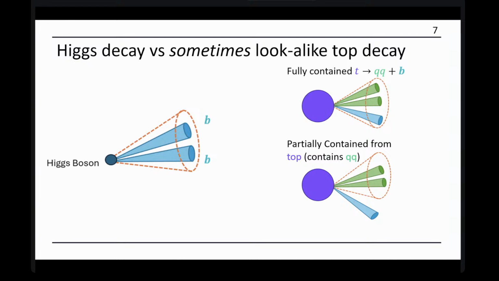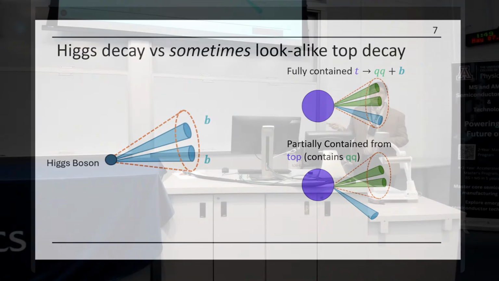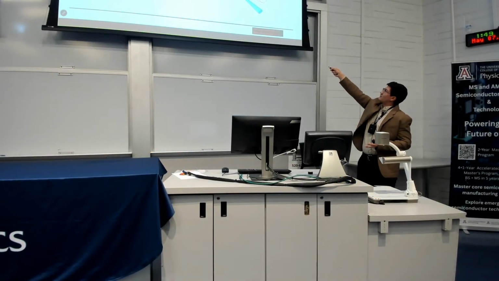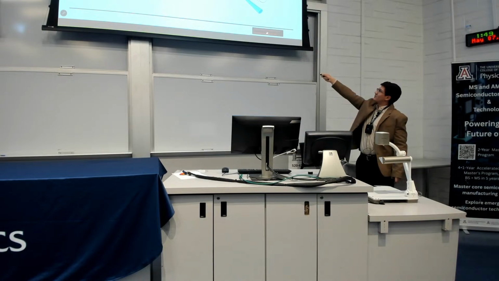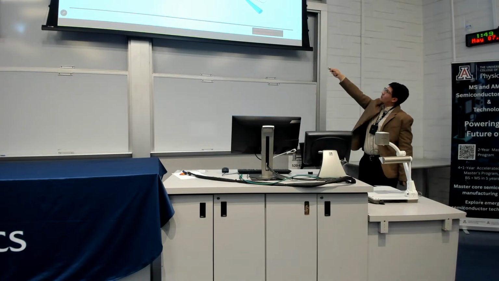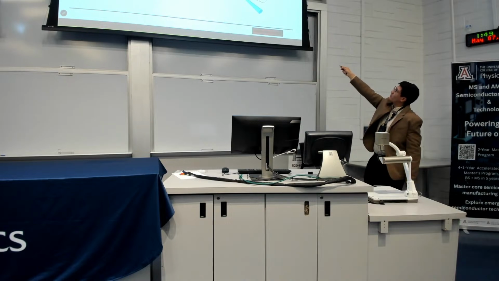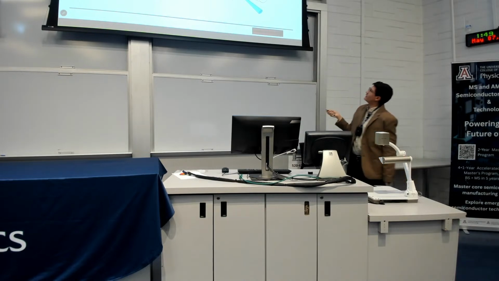We also have, remember, the top quark, which is our heaviest particle, and this has two quark jets right here and this B jet, all overlapping into this large radius jet. Sometimes the B jet decides that it kind of hates the lighter quarks and just doesn't overlap with those, and that's fine, although that's partially contained. The ones that have all three of them in this large radius jet are fully contained.